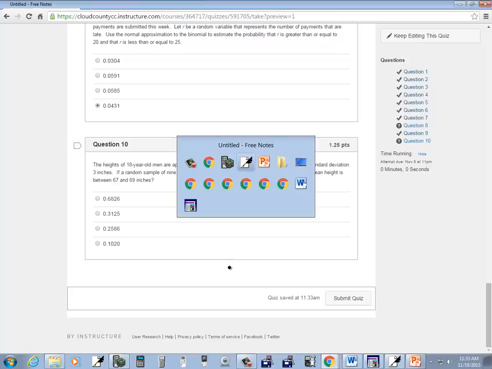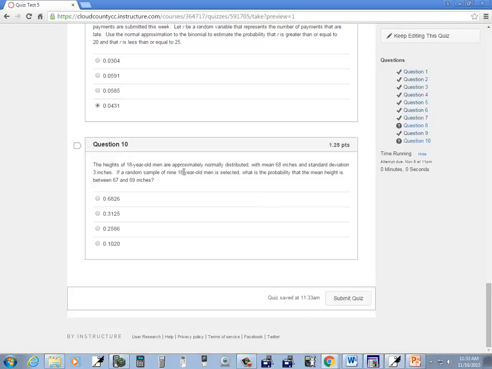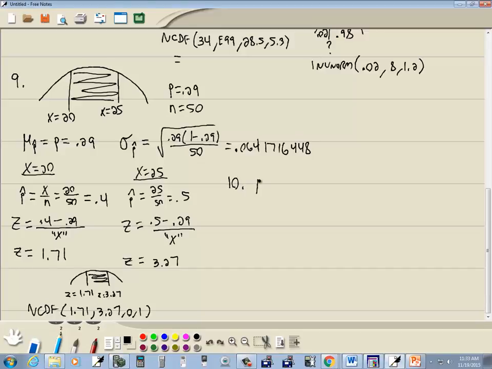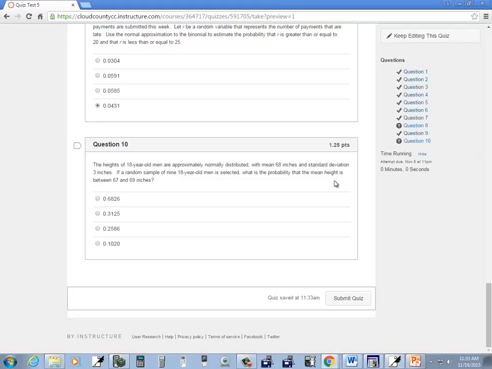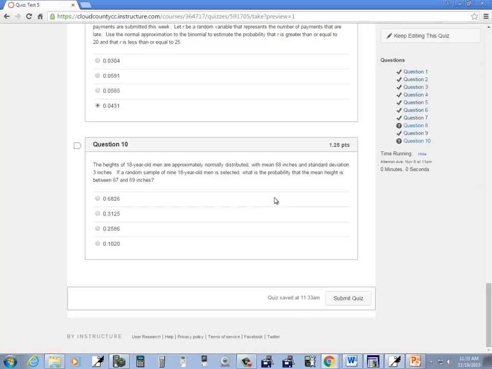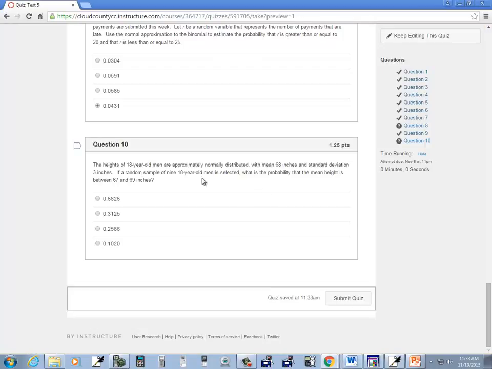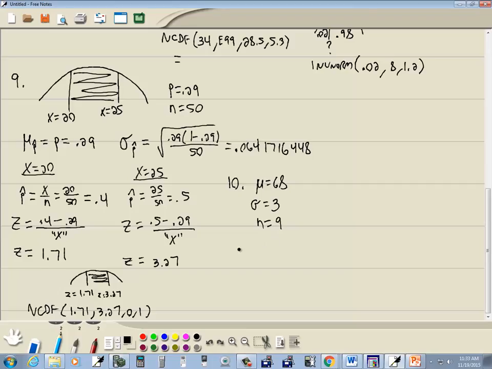Okay, number 10. It says the heights of 18-year-old men are normally distributed with a mean of 68, so mu is 68, and sigma is 3. And if a random sample of 9 18-year-old men is selected, what is the probability that the mean height is between 67 and 69?